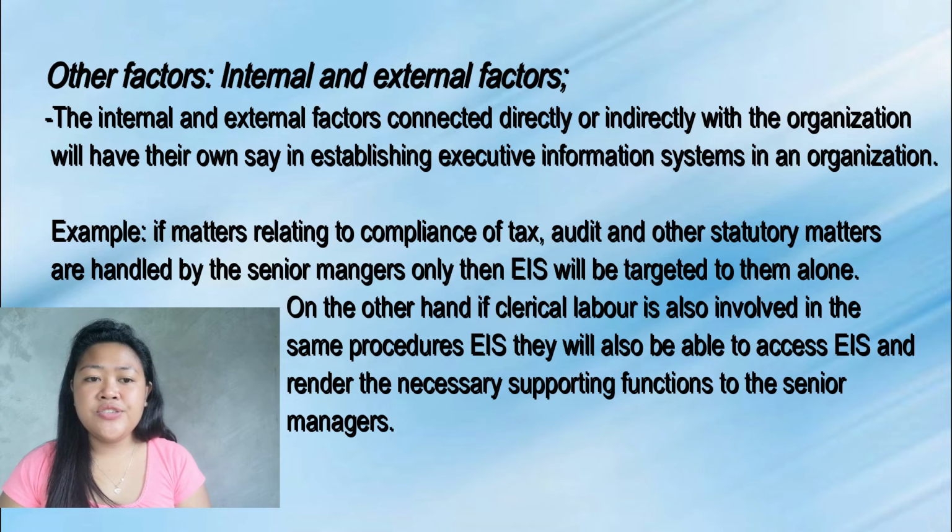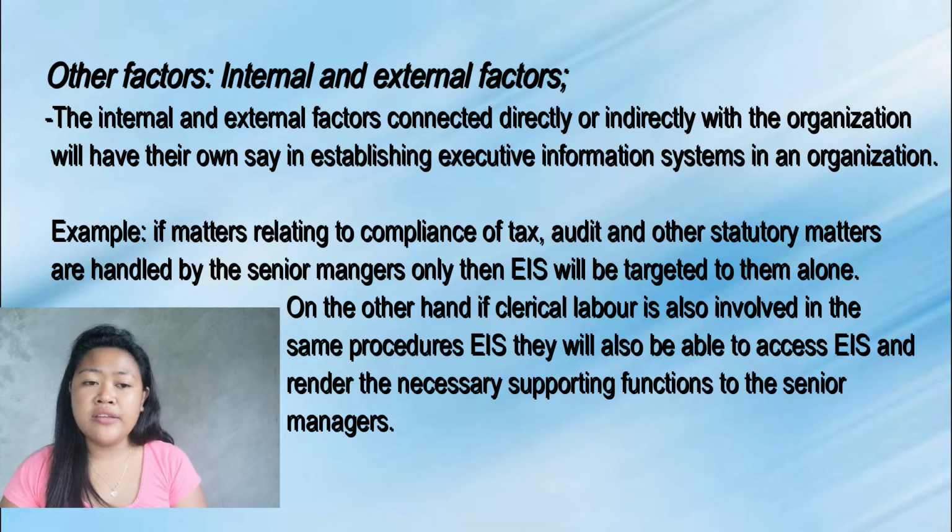Internal and external factors. The internal and external factors connected directly or indirectly with the organization will have their own say in establishing an executive information system in an organization. For example, if matters relating to compliance of tax, audit, and other statutory matters are handled by the senior managers, only then EIS will be targeted to them alone.